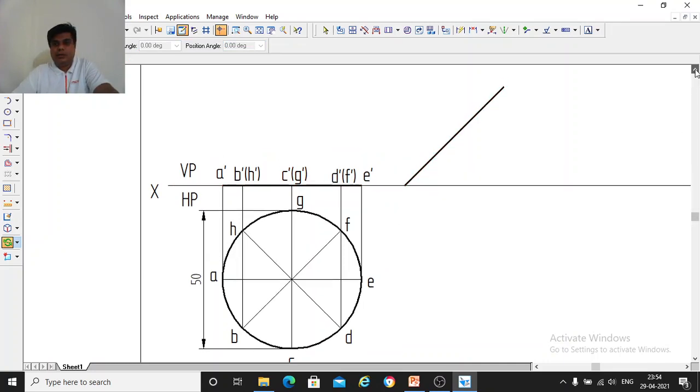And again you should take all these points on this line, right? So this point is A dash, and this point A dash, B dash, you measure it with your compass and draw the arc. You'll get the point B dash, H dash. So you have to measure this with your compass.